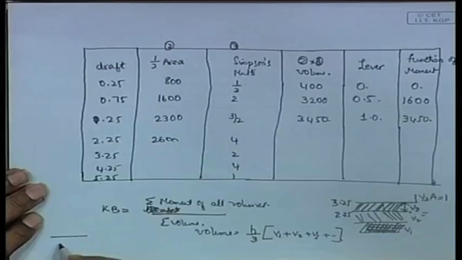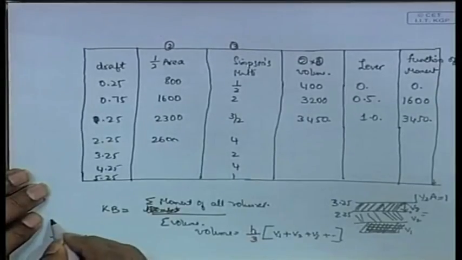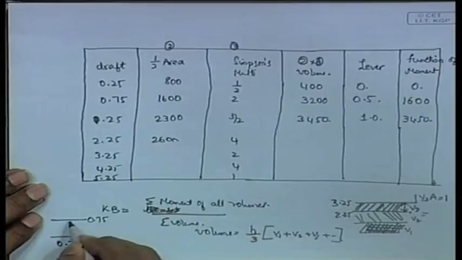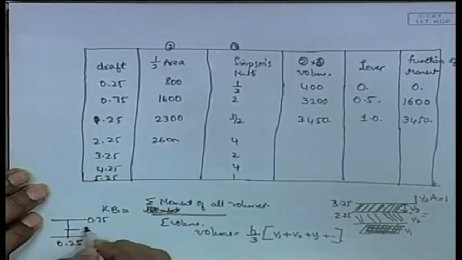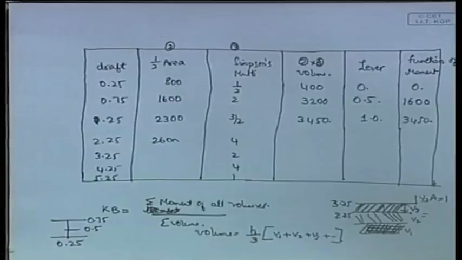Since the 0.25 level is taken to be 0, then between 0.75 and 0.25, the centroid of this volume will be 0.5 by 2. If 0.25 is taken as 0, then the next level is 0.75. So between this is the volume, and the difference will be 0.5.